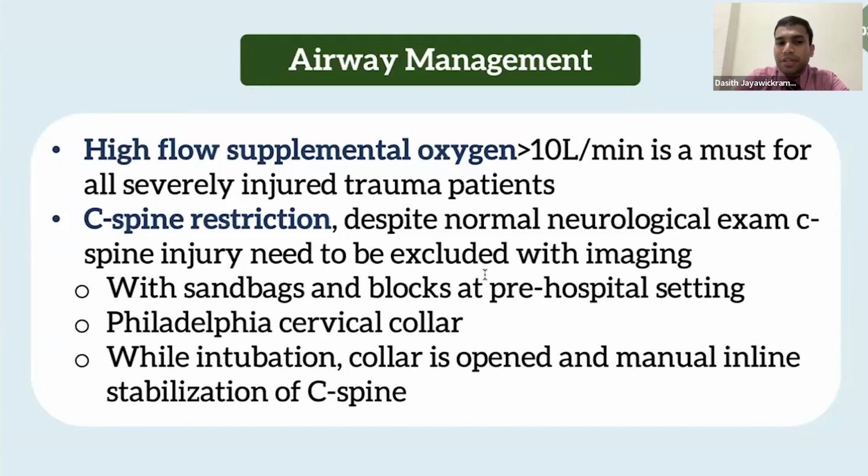And then C-spine restriction should be done before attempting airway maneuvers, because we know the C-spine could be damaged, and we didn't have any time to check the disability score because we are still at A. So we assume that there's an injury, and we do the C-spine restriction.